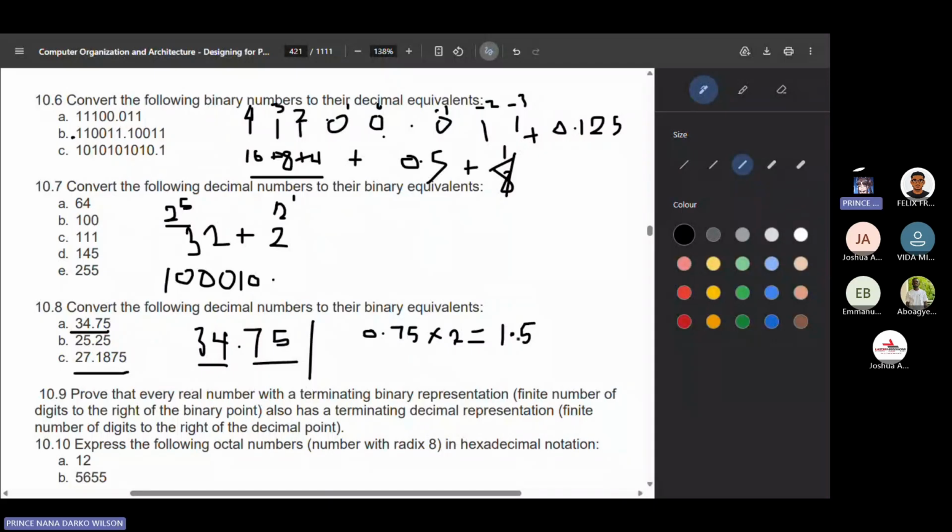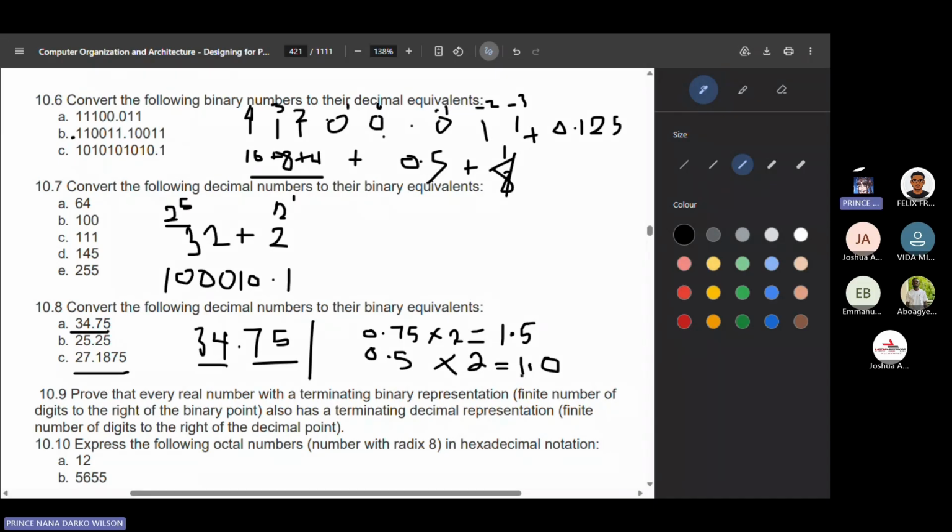What we are going to do is take the whole part here and keep that. Then you take the remaining decimal part, that's the 0.5 in this case, and multiply by 2 again. That gives us 1.0.